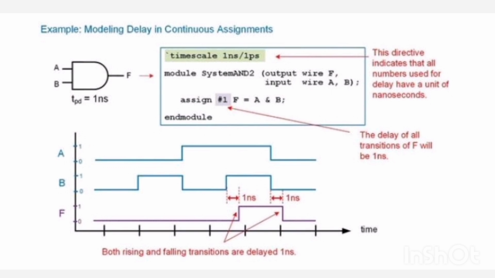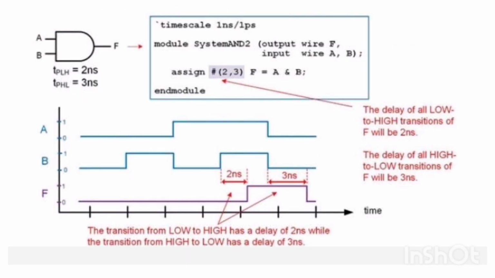But it will be updated during the leading edge of the output pulse, that is, the waveform of f, and it will be updated after 1ns. That 1ns you will be able to find over there. And during the trailing edge of the output waveform, when the output changes to 0, you will find when a equal to 0 and b is equal to 0, output will be 0, but it will be updated only after 1ns.